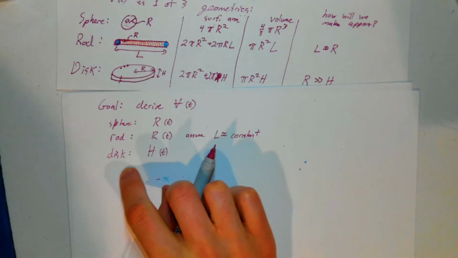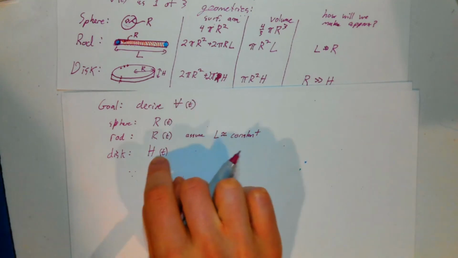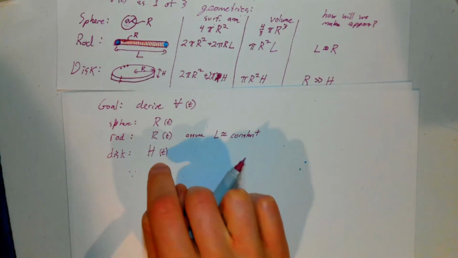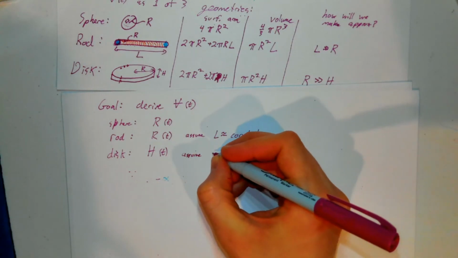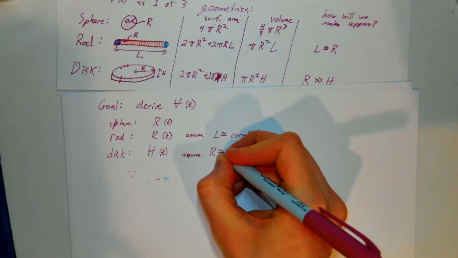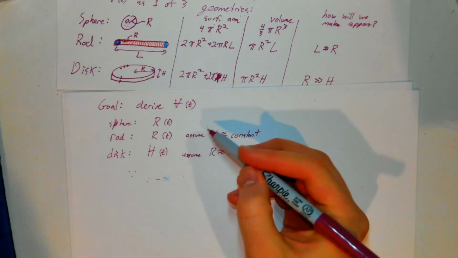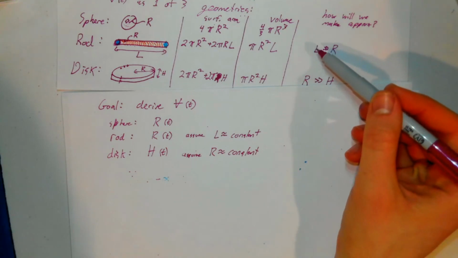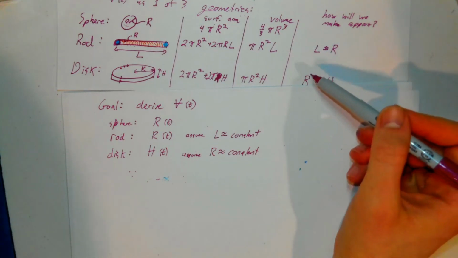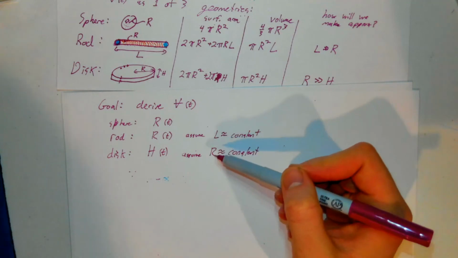So we're basically going to figure out volume as a function of time by figuring out the thickness as a function of time, and we're going to assume that the radius, give or take a little bit, is constant. So again, these are approximations, and the bigger L is relative to R, or the bigger R is relative to H, the better these approximations hold.